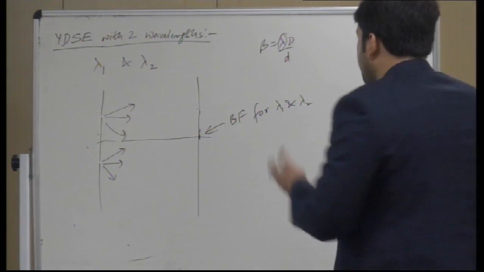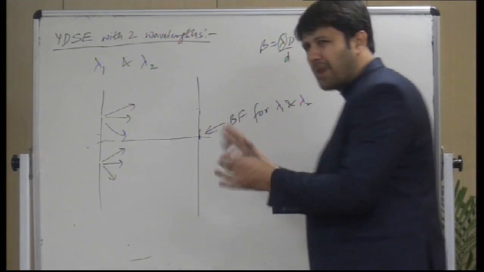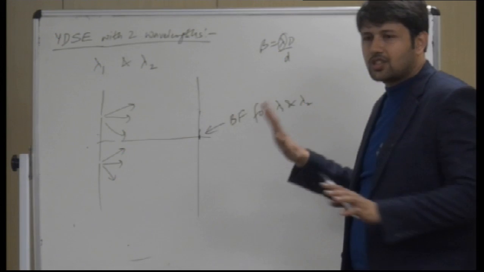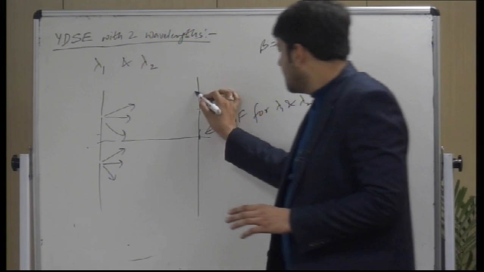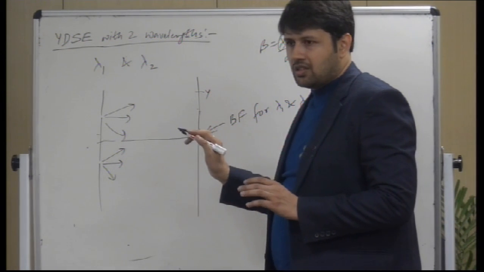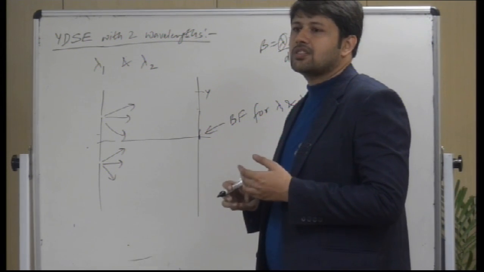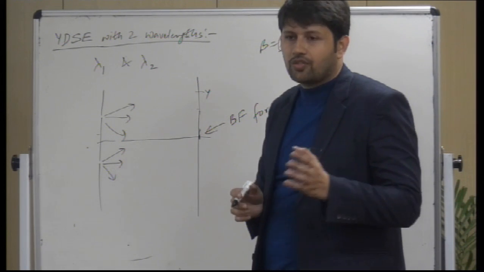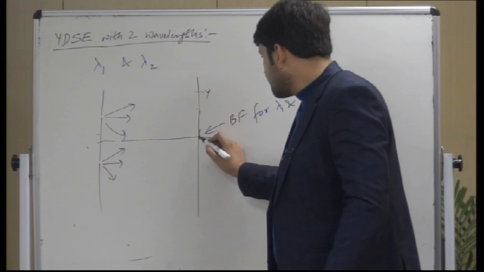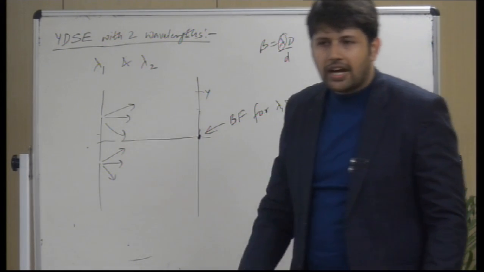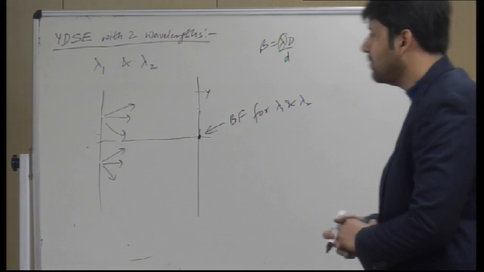So the pattern would be a mashup of the two interference patterns. We are discussing where the two patterns will overlap for the next time. First they overlap at the center, and where they overlap next, let's discuss.